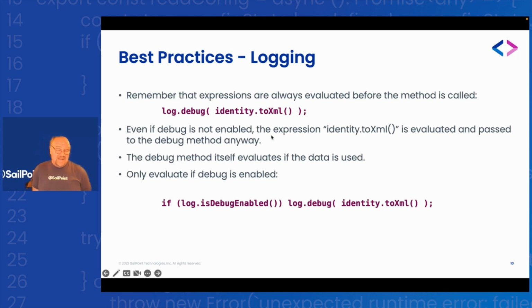The thing I don't like about this is that it does make code less tidy, less readable. I may be able to give you a way around that to some degree, but ultimately, if you're doing this, then I would check to make sure that the debug is enabled first.